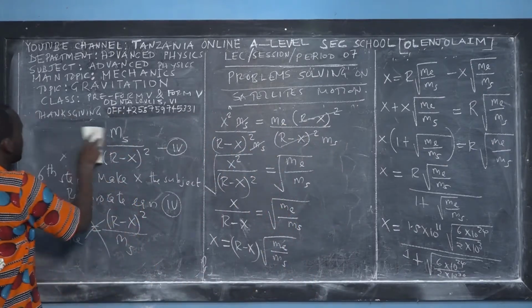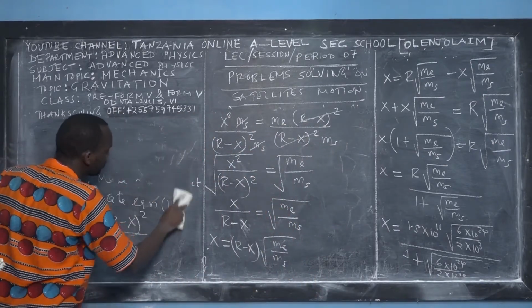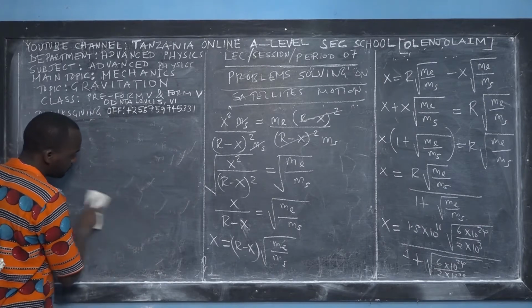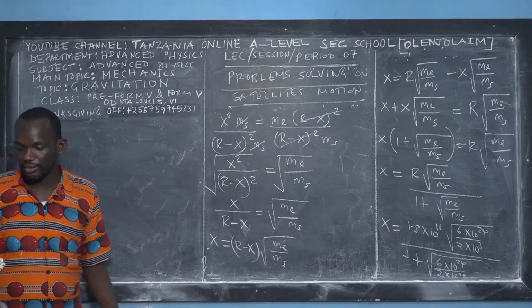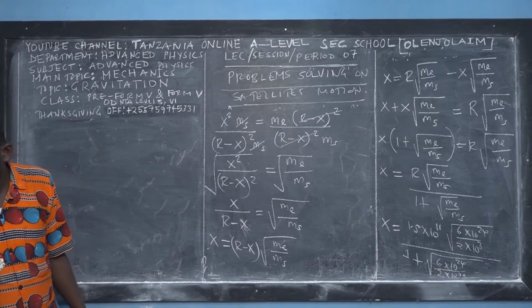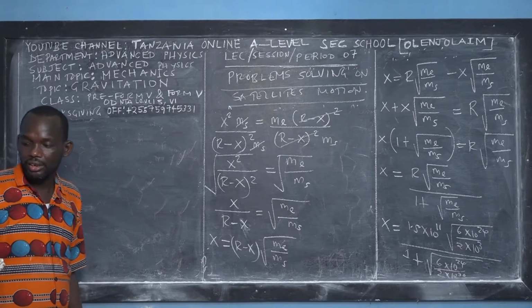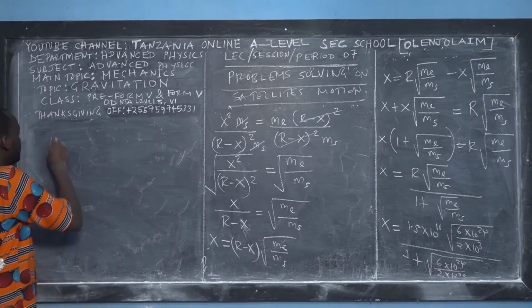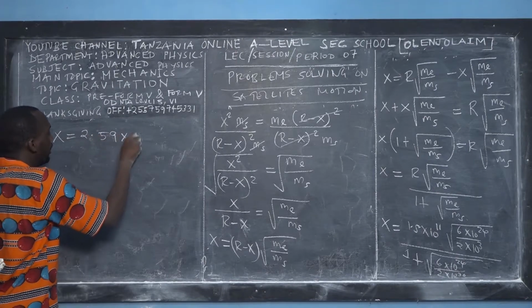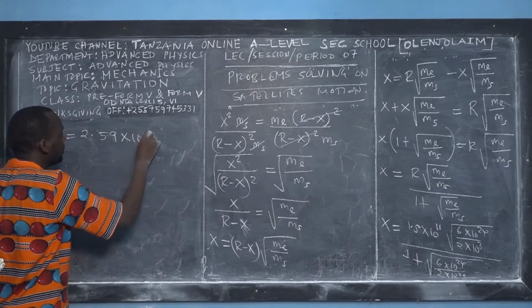So by using a scientific calculator, the value of x, which will be the distance from the earth's surface, is 2.59 exponent 8 meter. So x is equal to 2.59 exponent 8 meter.